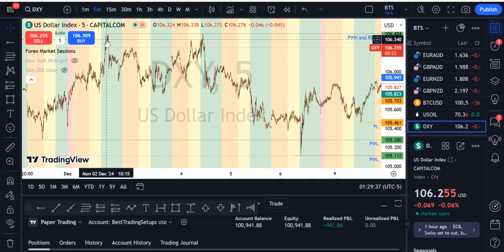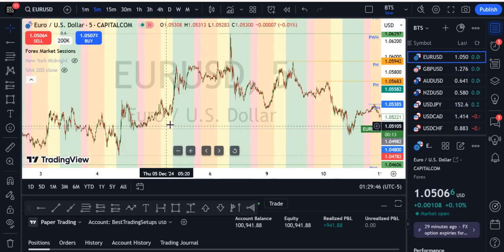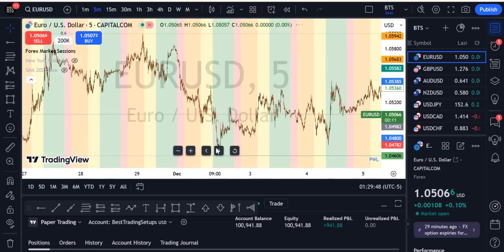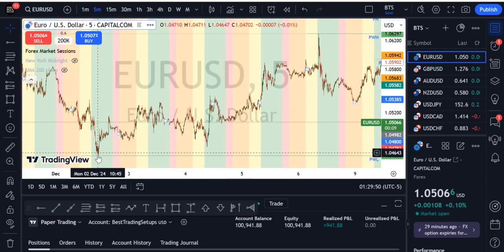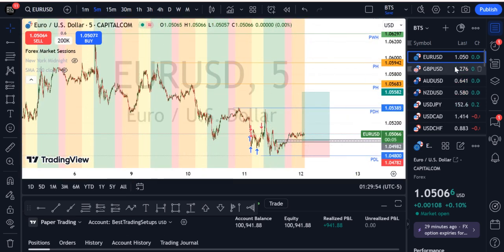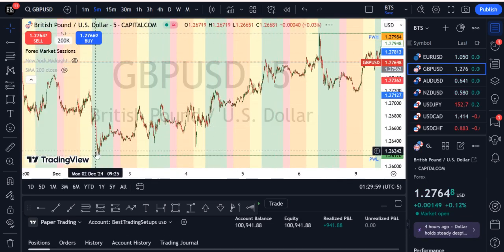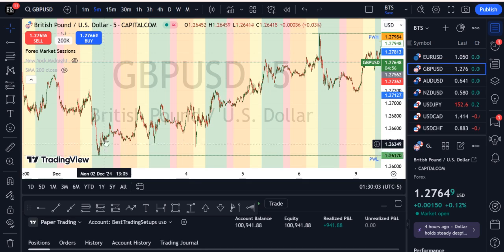So this high was made 2nd of December. You can see the date right there, Monday 2nd of December. Now in Euro USD, that low was made also Monday 2nd of December, and as you can see, price hasn't come to that low. Also in GBP USD, price is way far from that low. Can you see it?